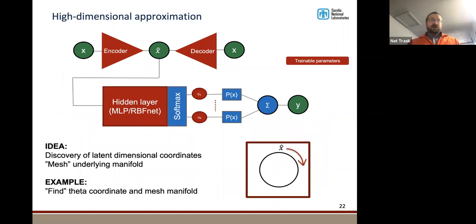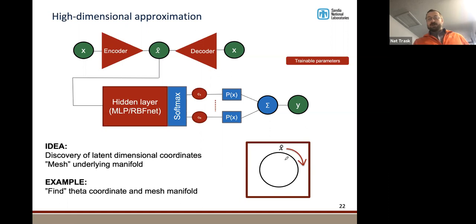So I talked about high dimensional approximation, and here are just some pedagogical examples for showing how that would work. So the idea here is that we're going to use an autoencoder to find a set of local coordinates x hat. And then once you have these local coordinates, we're going to feed that into a partition of unity network. And as an example, you can imagine data sampled from a circle in R2.